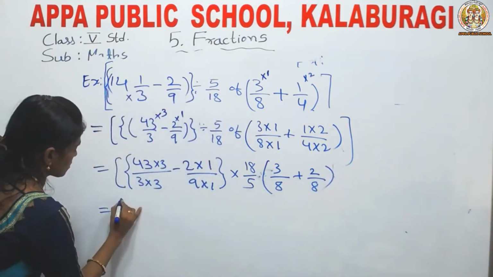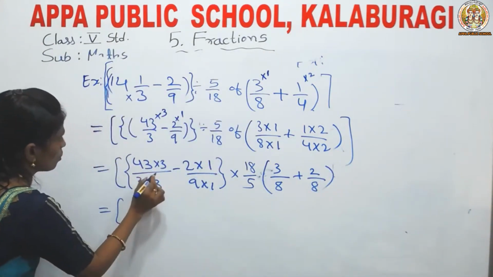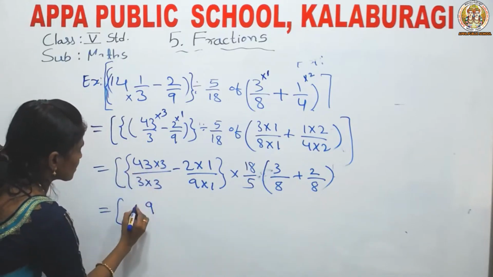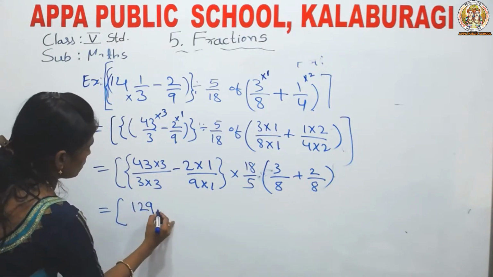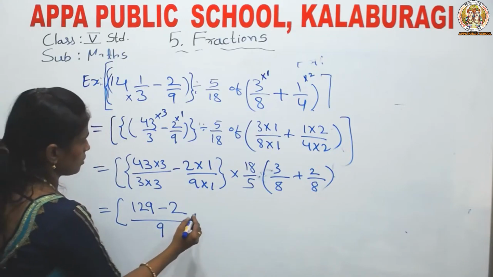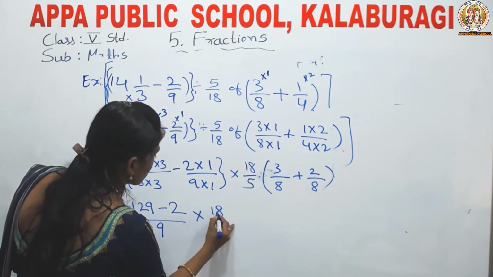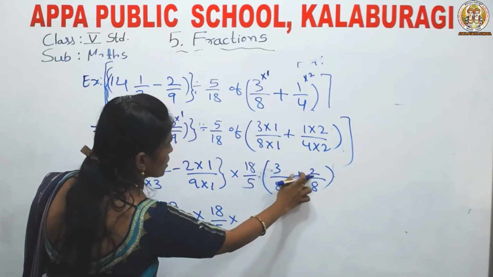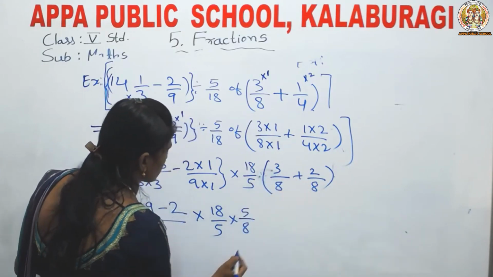Okay. Next, 43 3s are 129: 3 3s are 9, 4 3s are 12. Okay. 129 minus 2 divided by 9. Next 18 by 5. Next here also 3 plus 2 is 5, 5 by 8.